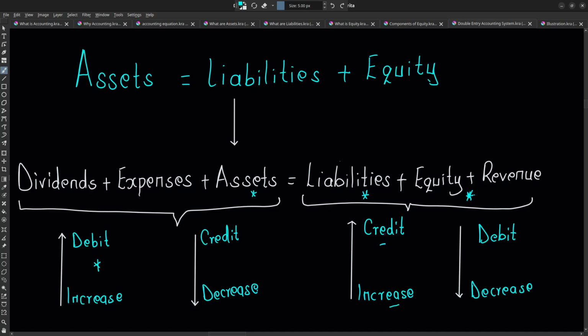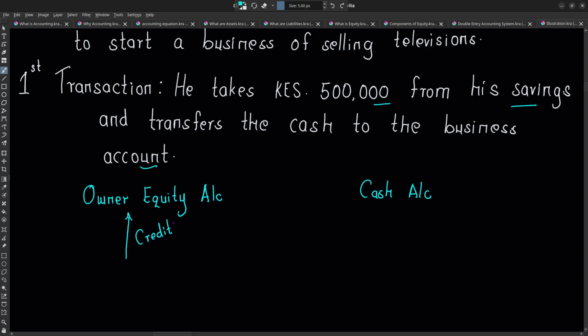you credit that account. Okay, so on the other end, note that now the bank account has also received 500,000. Let's assume initially it was at 0, and now we have the balance for the business bank account at 500,000, which indicates that's an increase to that account.